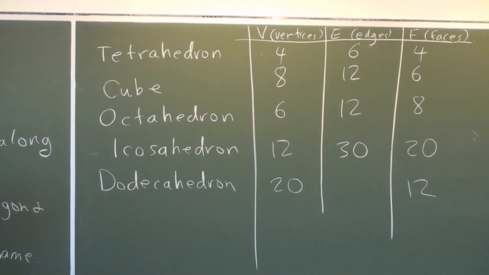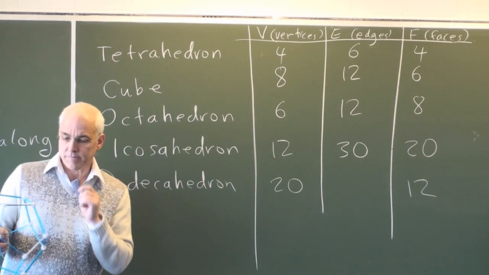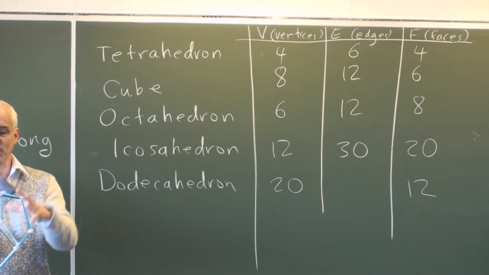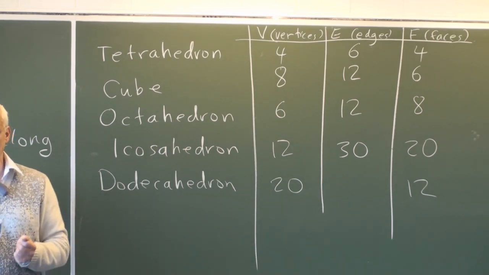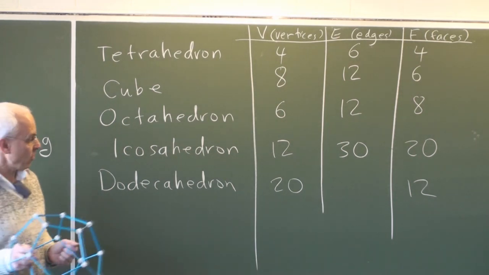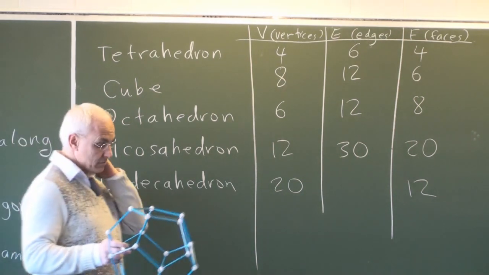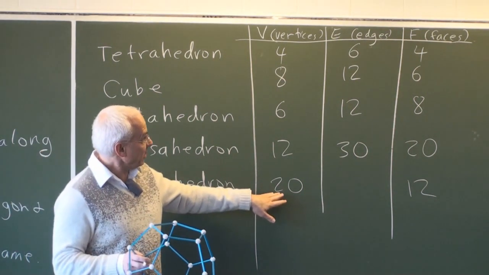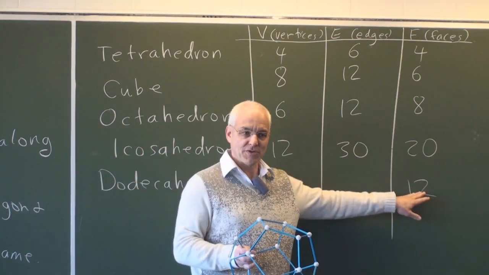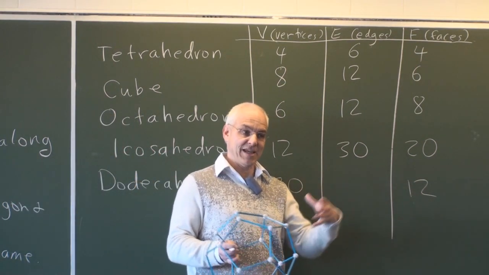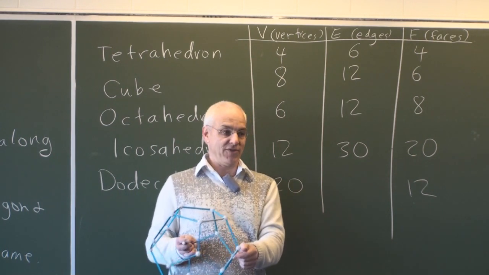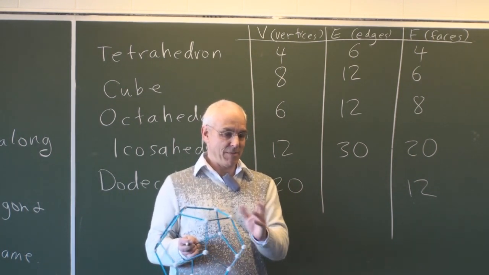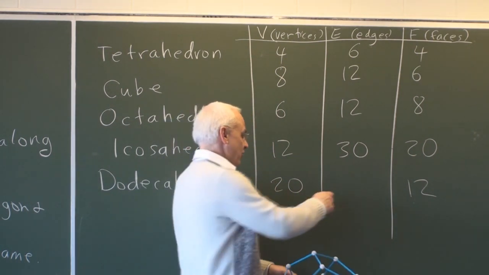And each face, of course, is a pentagon, has 5 sides. So one way to count the edges would be, there's 5 times 12, that's 60 edges, counting each edge twice, by the same idea as before. And so we divide that by 2, we get 30 again.